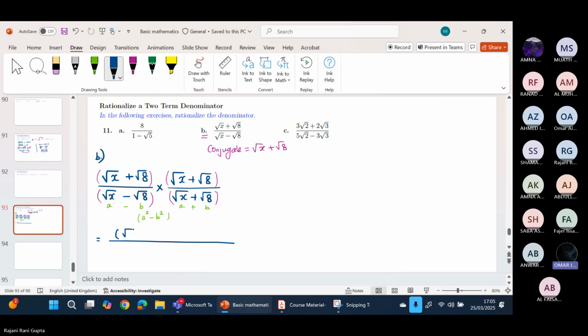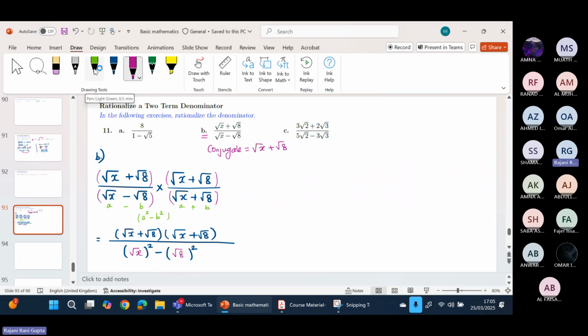All time we will use minus. Yes, all time. In rationalization, every time you have to use this. Always this term power 2 minus power 2. Okay, always. So this is root x, root 8.